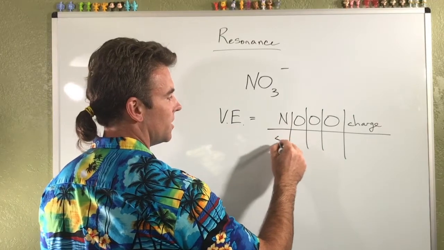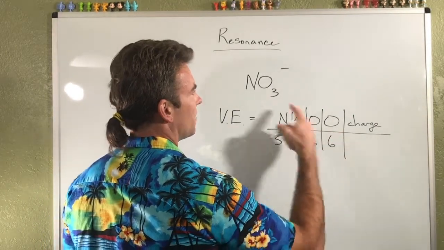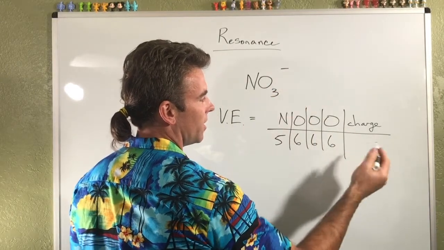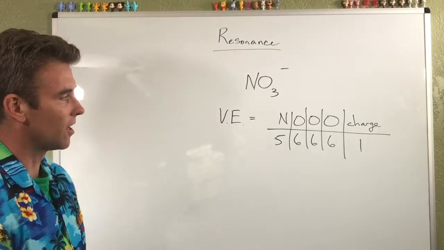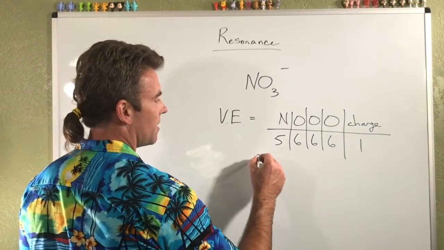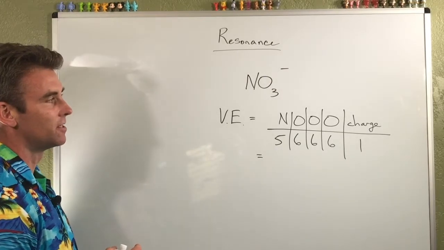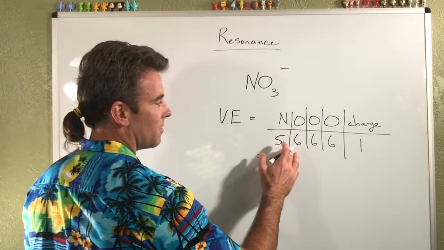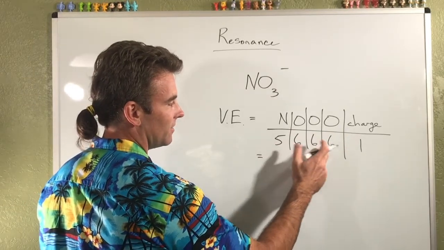I know a nitrogen has 5, and oxygens all have 6. And then the charge means that there's one additional electron because electrons are negatively charged. This is a number that I have to make sure I match when I get to my final Lewis structure. I have to make sure that these all add up to whatever that number is.